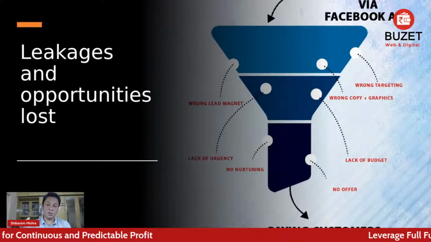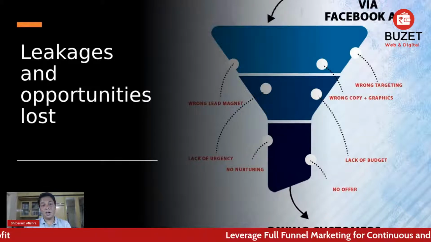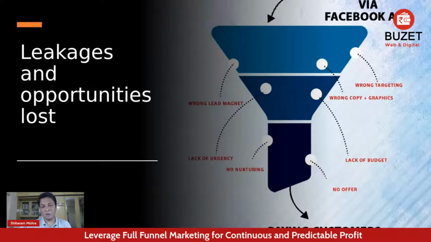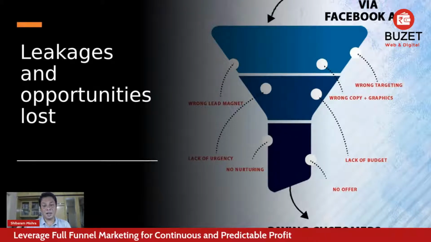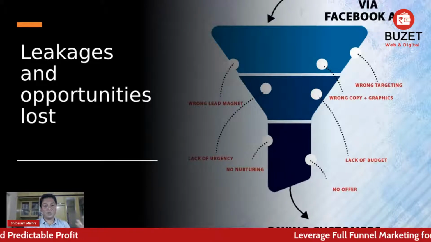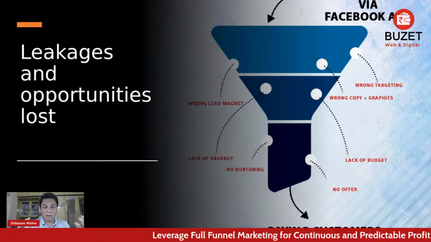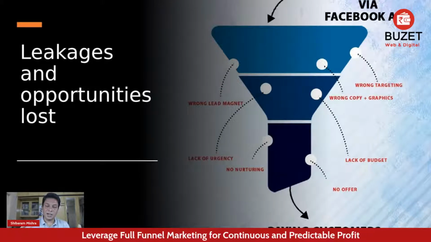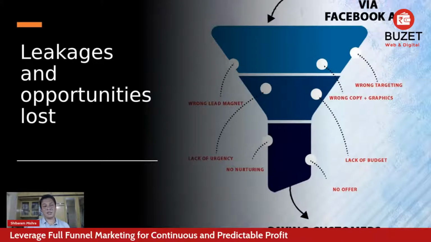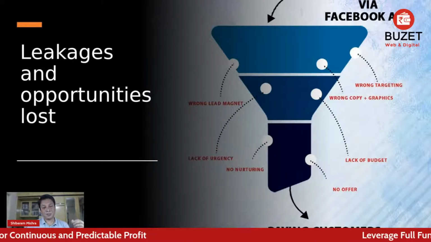Somebody who is aspiring to buy a home but does not have eligibility, and you are spending 500 rupees on a real estate lead, and that person does not even come for a site visit, that is a lack of urgency or lack of budget. So there is an opportunity lost here. Last part, in the bottom of the funnel, if the offer is not correct, if you're not nurturing a prospect, marketing qualified leads or sales qualified leads, they will not convert to a paying customer. So there are leakages at different levels, and opportunity lost.